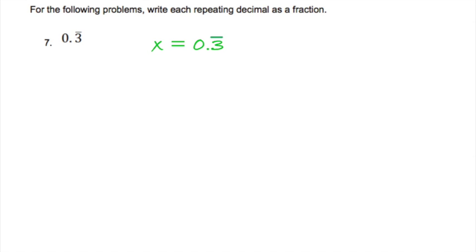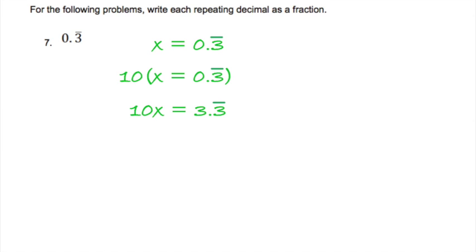So we're going to say that x equals 0.3 repeating. Now there's one digit that's repeating, so we're going to take our whole equation and multiply it through by 10. So when we do that, we get 10x equals 3.3 repeating. Remember, when you multiply through by 10, it just moves the decimal place one spot to the right.